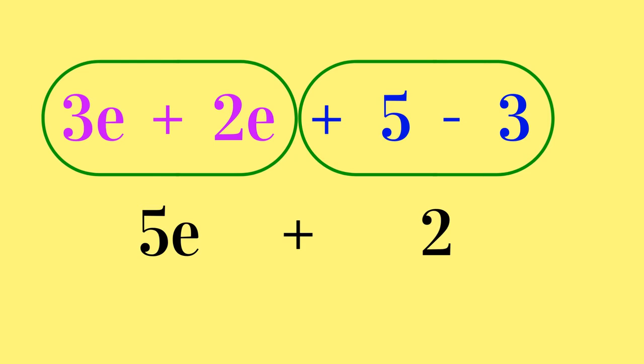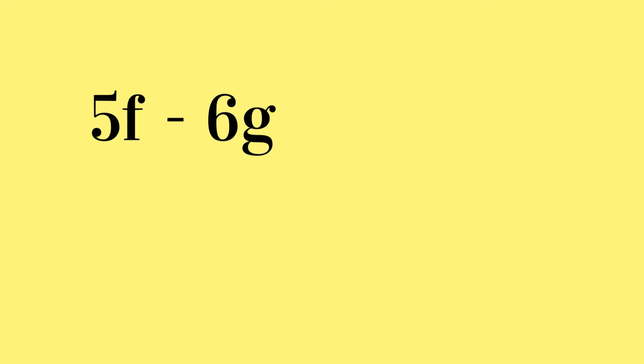Here is another example. If we have 5f subtract 6g add 4f subtract g. Once again, we have two sets of like terms in this expression, those containing the variable f and those containing the variable g.